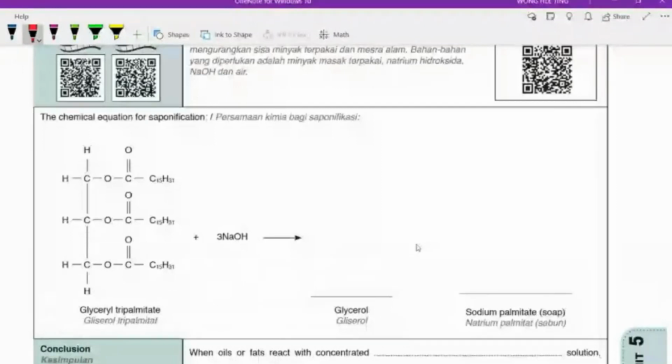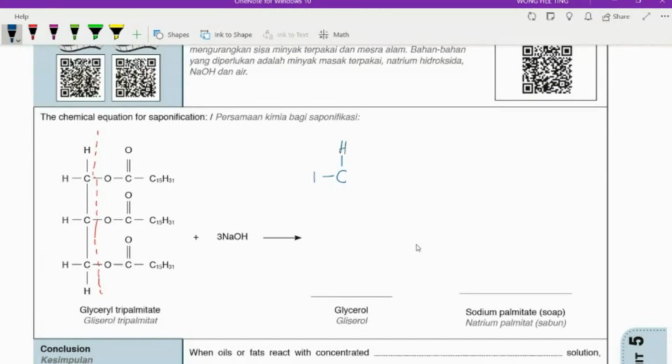So let's check and then mark yourself, okay. To write the correct one for glycerol, we have to separate from here. This part you just copy here.